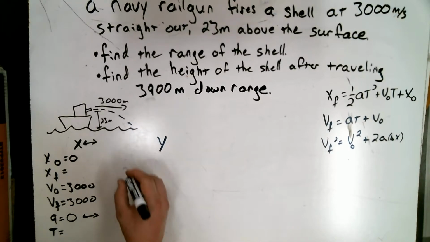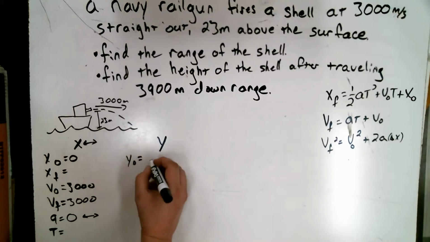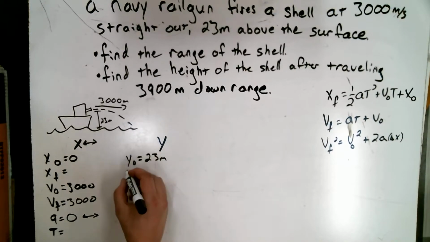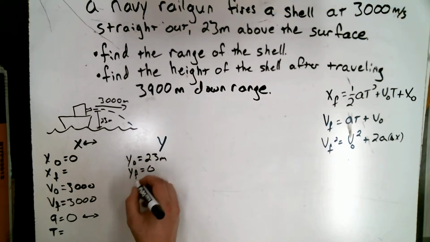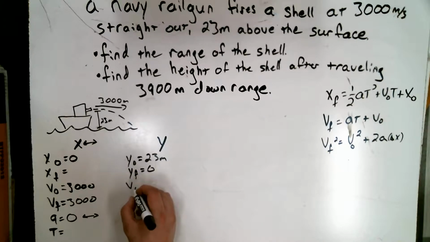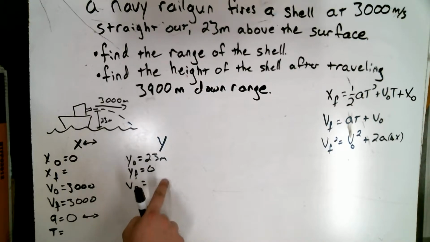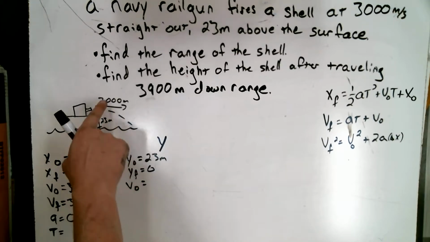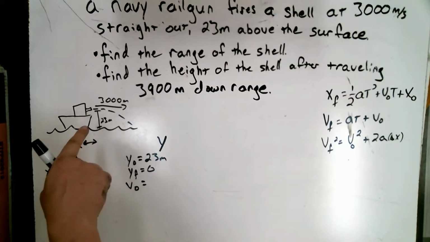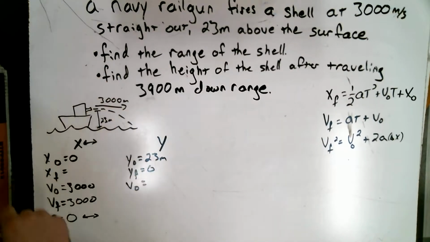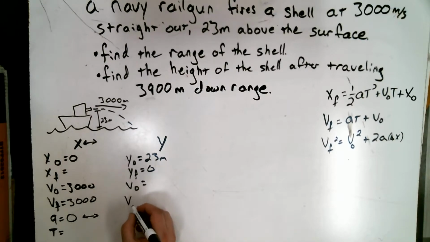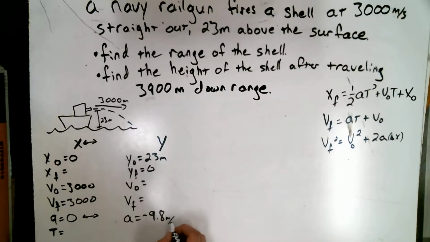Now vertically, I start at 23 meters. I end on the ground. My original speed, we'll come back to that because I don't have one. It is not 3,000 because I am not going down 3,000. My final speed, I don't know. My acceleration is negative 9.8 meters per second squared. And the time, I don't know.